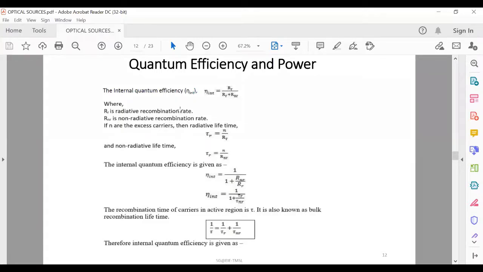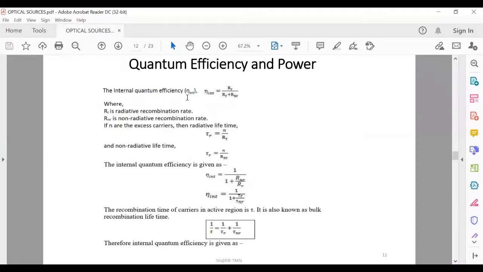So the total rate is the summation of these, and the ratio between the radiative recombination rate and the total recombination rate is called the internal quantum efficiency.